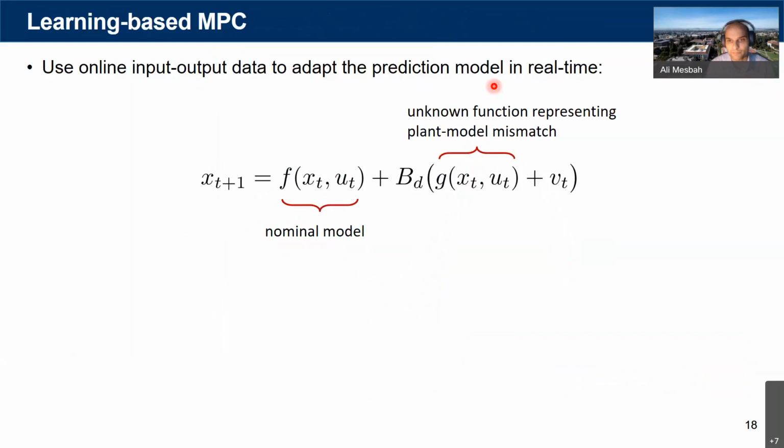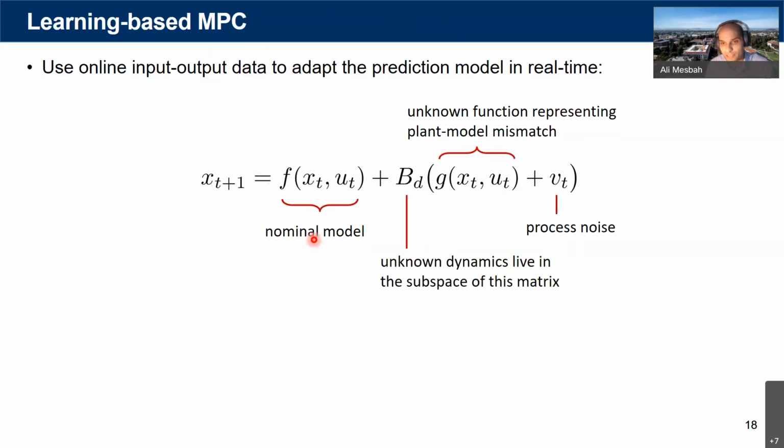So then, in this learning-based predictive control paradigm, as I mentioned, we augment this nominal model. This is the model that we have learned offline, either physics-based or data-driven, with this unknown function that is state and input dependent, but is actually meant to represent time-varying dynamics and essentially the hard-to-model structural mismatches that have not been accounted for in the nominal model.